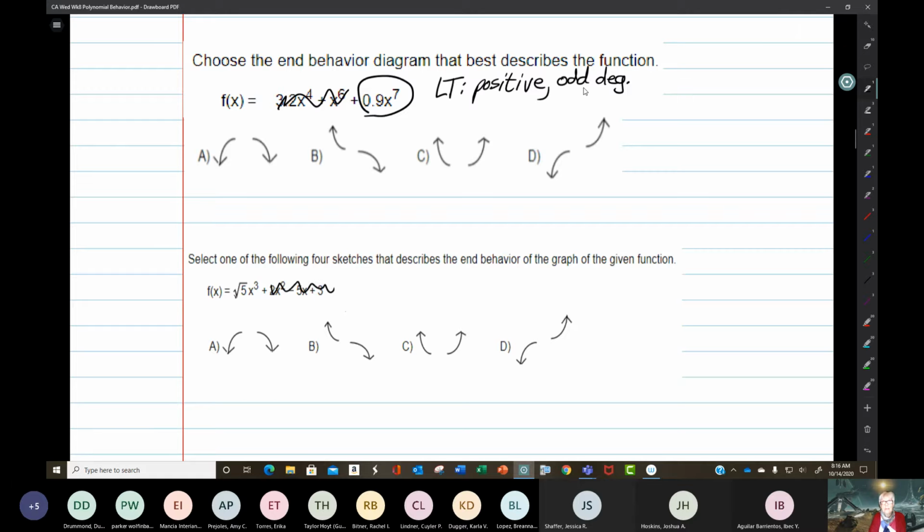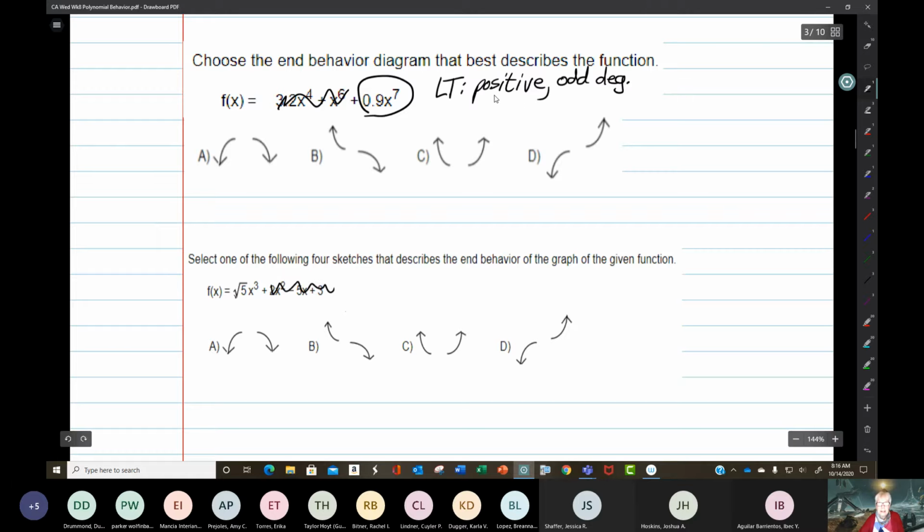Well, the odd degree means it's going to look on the ends like either y equals x to the third or y equals negative x to the third.